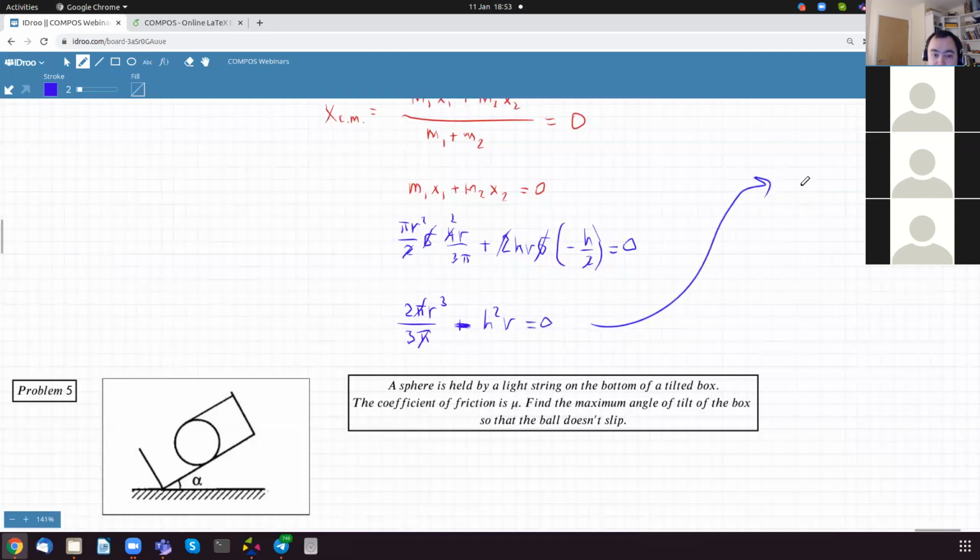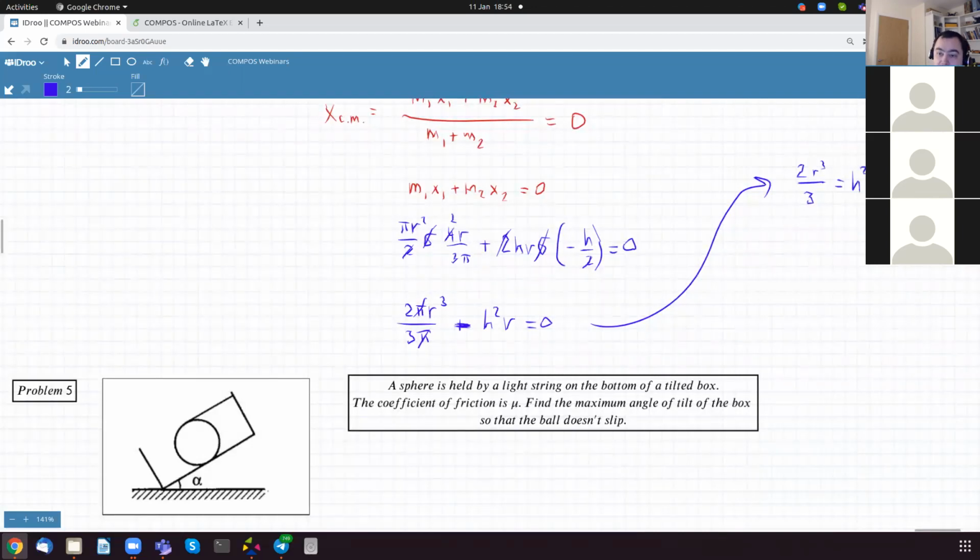So from here, we move on to 2/3. Interesting. Pi cancels, so we have 2 r cubed over 3 is equal to h squared over r.